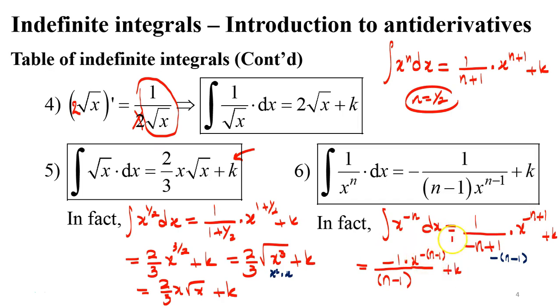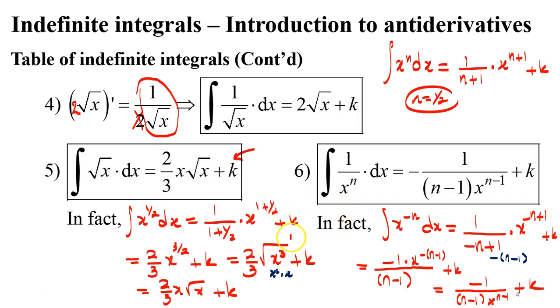Now a negative exponent, we just drop it down to the denominator for it to become positive. So that would be negative 1 over n minus 1 x to the n minus 1 plus k.